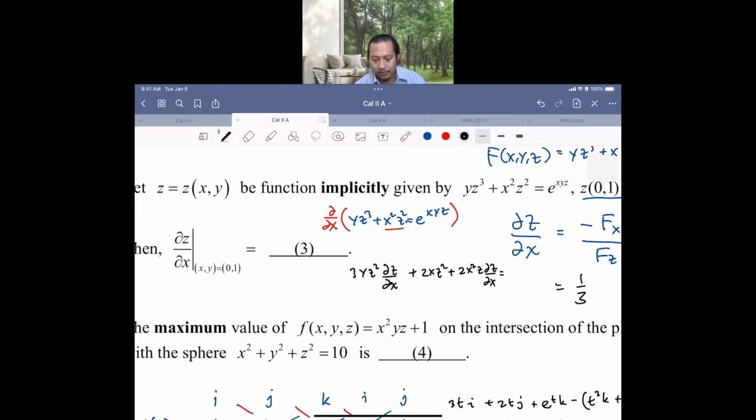And then equal, we also have a rule here to derive with respect to x, e^(xyz), yz plus e^(xyz) xy ∂z/∂x.